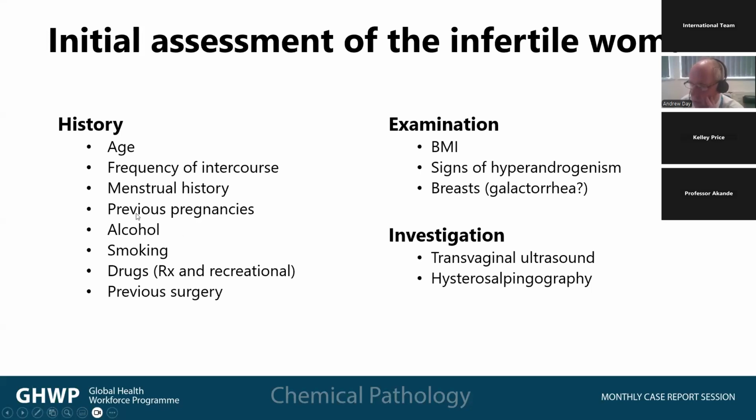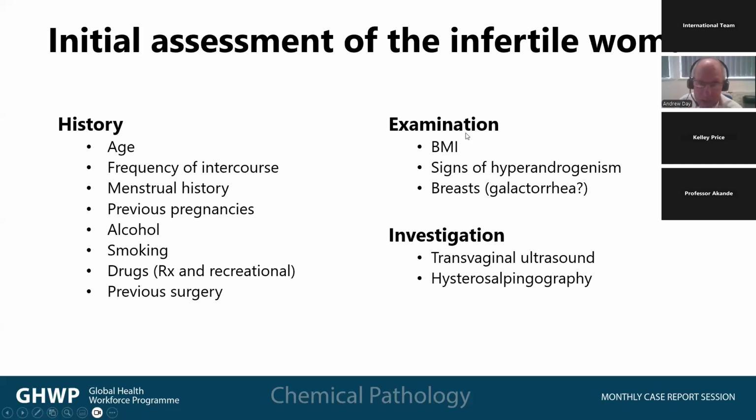Has she been poisoning her ovaries with alcohol and smoking, or indeed use of any drugs that could be ovotoxic? Is there any previous surgery that could cause damage to the tubular system, the ovary or cervix, or indeed the ovaries themselves?